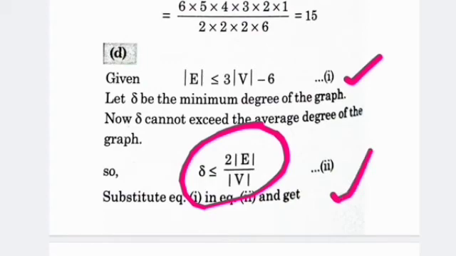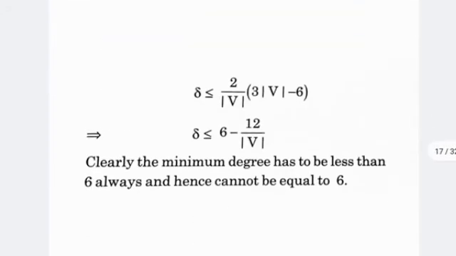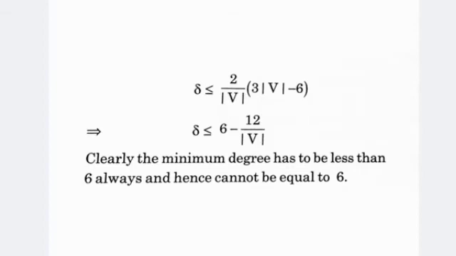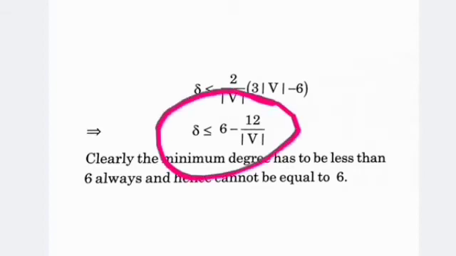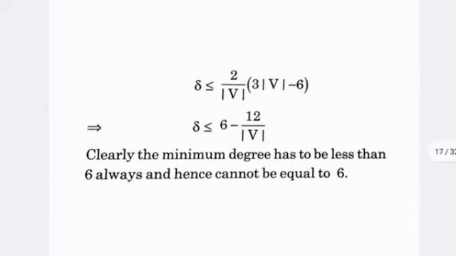Now substituting equation first in equation second, we get delta is less than or equal to 6 minus 12 upon V. So clearly the minimum degree has to be less than 6 always, and hence can't be equal to 6. So option D is your correct answer.